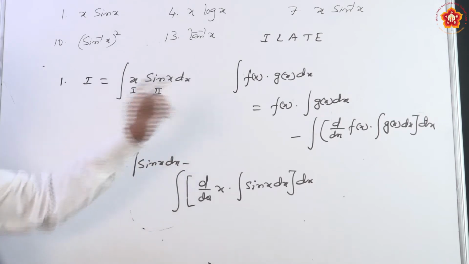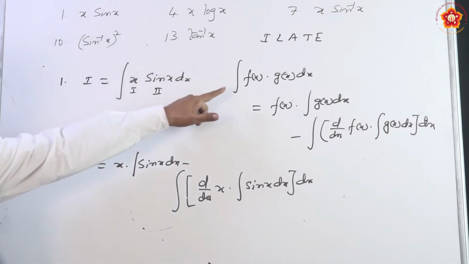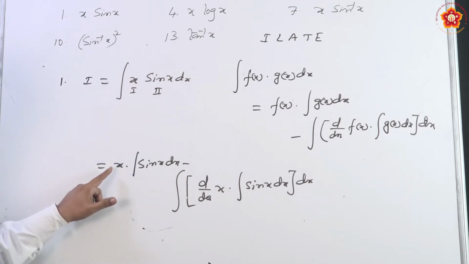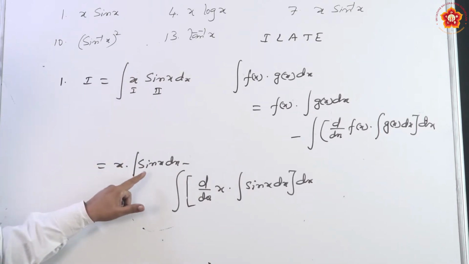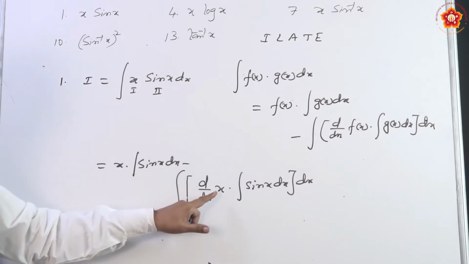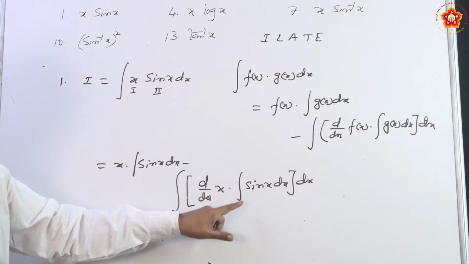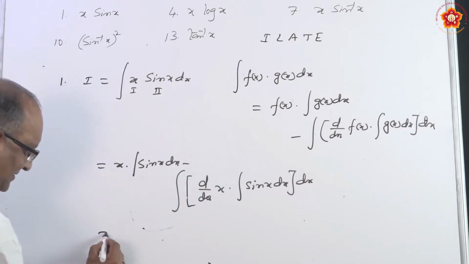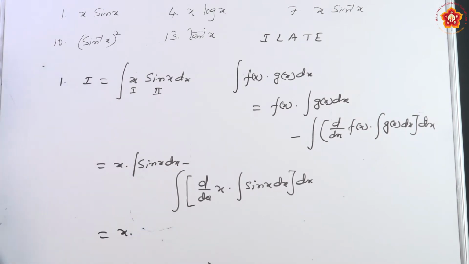According to the formula we have written here, f(x) is x, g(x) is sin x. So, in place of the first function we wrote x, integral of second function we wrote sin x, and so on. Now, perform the operations. x remains as it is. What is integral of sin x?